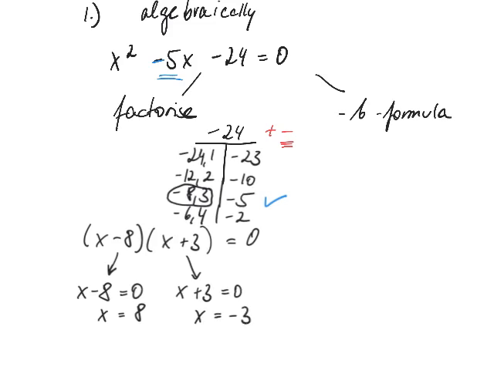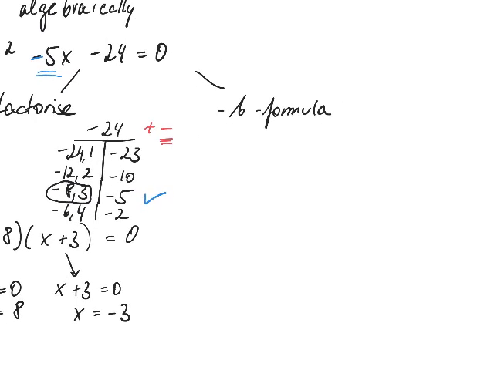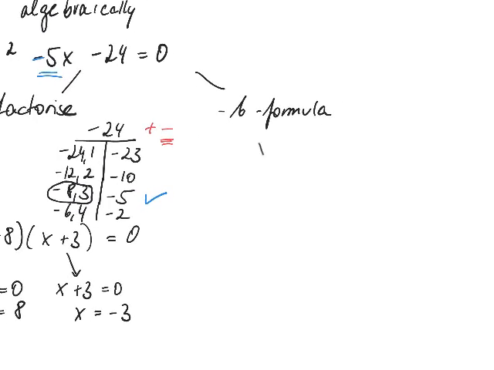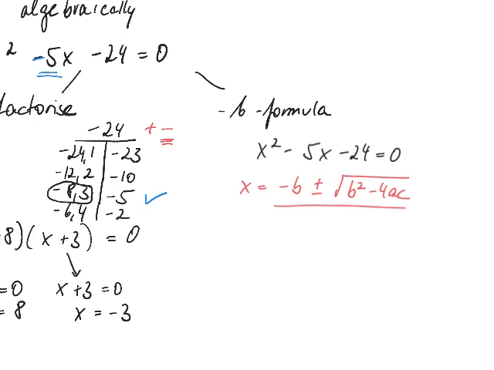I can also use the minus b formula. So I'll write it down again. x squared minus 5x minus 24 equals 0. So the minus b formula is x equals minus b plus minus the root of b squared minus 4ac, over 2a.